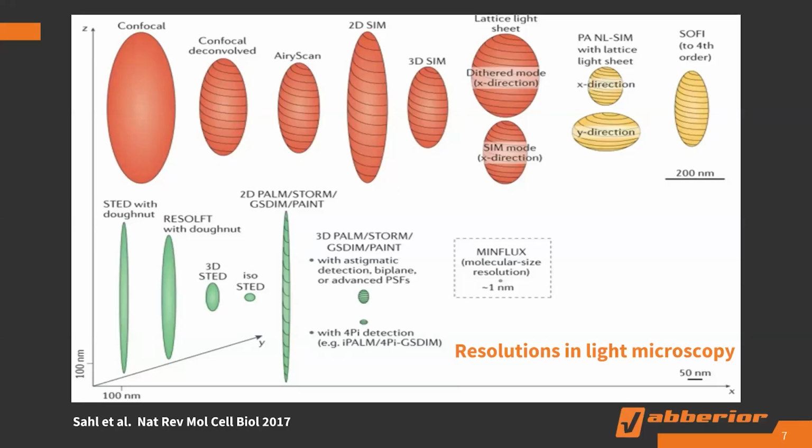Via localization calculation, you get the XY localization precision, or let's say resolution in common words, around 20 nanometers. And the 3D resolution is in a similar range as our isotropic optical STED, a little bit worse. And MINFLUX is actually the combination of the two Nobel Prize technologies. I'm going to explain later.